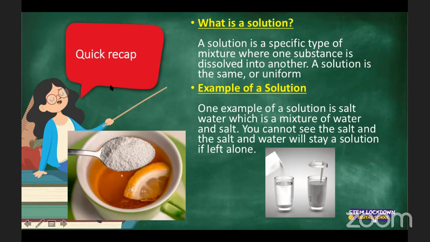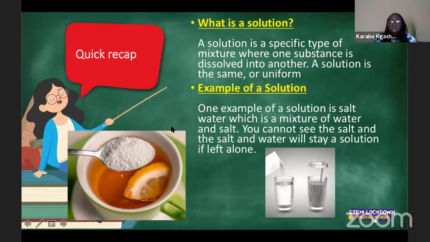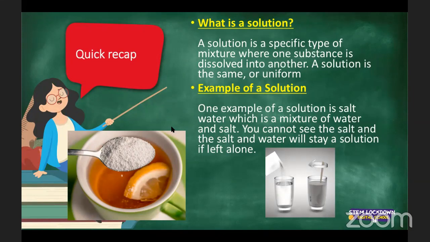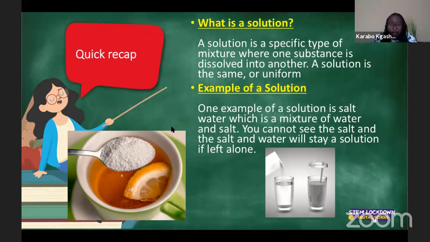Ma'am, I don't know. Okay, tell me what happens when you make some tea. How do you make tea? When you make tea, ma'am, you put the tea bag and hot water and some sugar and milk. All right, great. What happens to the sugar?